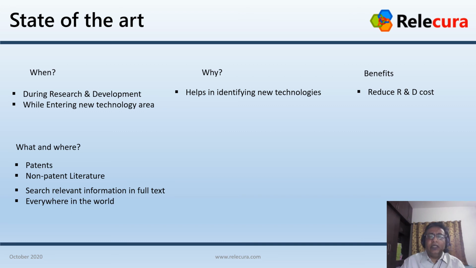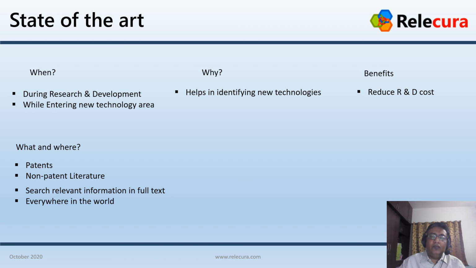Let's say if somebody is looking at whether we should invest in lithium-ion batteries in electric vehicles, they can do a state-of-the-art search, and they will come to know, okay, these are the inventions which are related to lithium-ion batteries, these are the chemicals which are used in lithium-ion batteries, these are the players, and whether we should invest in our R&D program or not.